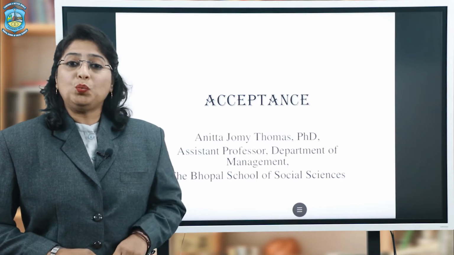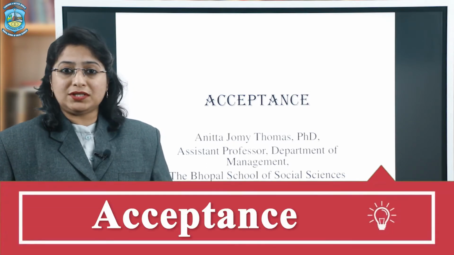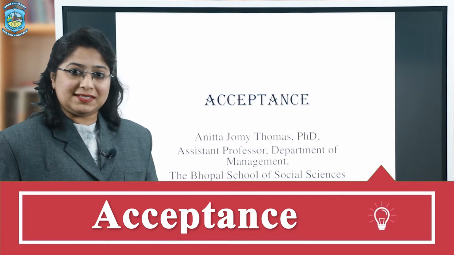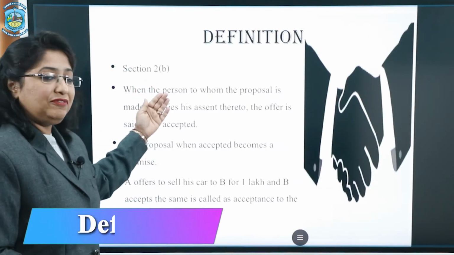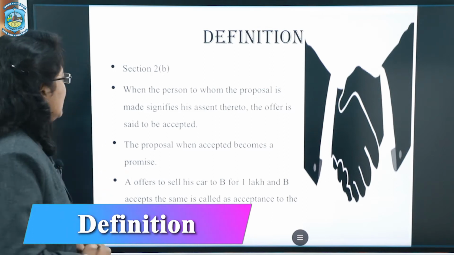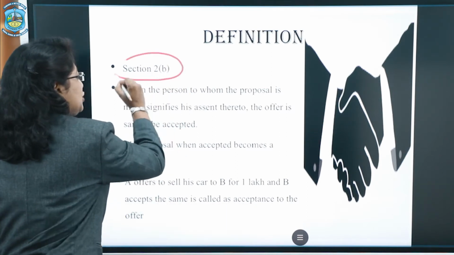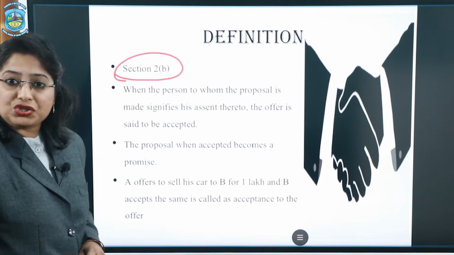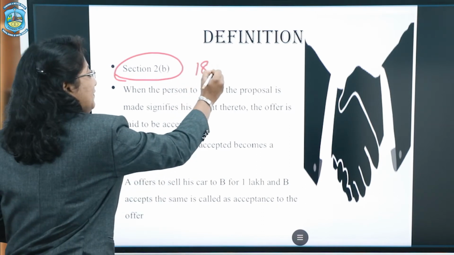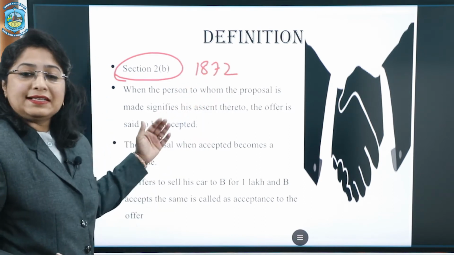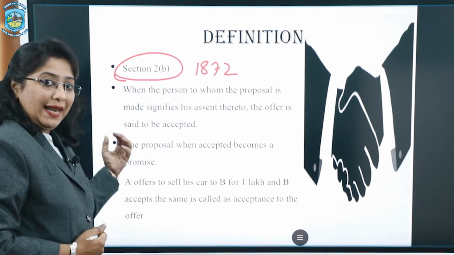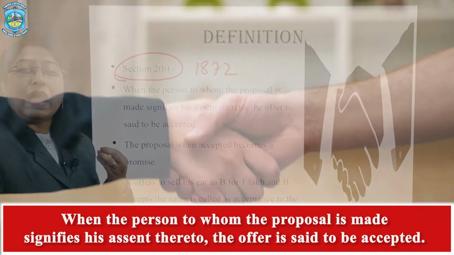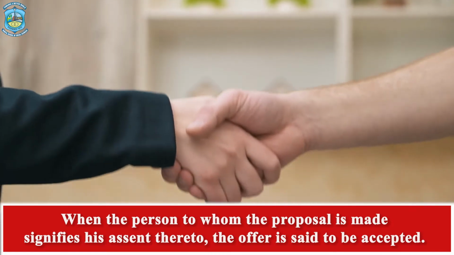Today in this video, we would be looking into an important topic of acceptance. Now, let's understand the definition of acceptance. As per Section 2(b) of the Indian Contract Act 1872, acceptance is defined as when an individual accepts the offer made to him.